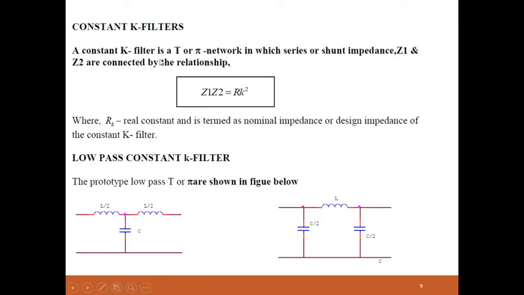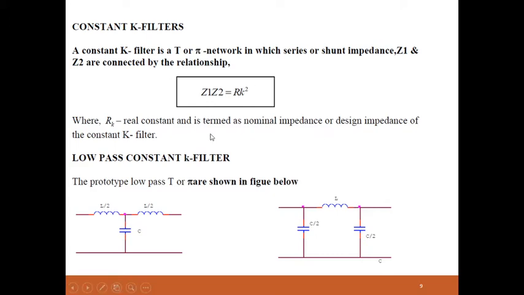A constant K filter is a T or pi network in which the series and shunt impedances Z1 and Z2 are connected by the relationship Z1 Z2 = Rk squared, where Rk is the real constant, termed the nominal impedance or design impedance of the constant K filter.